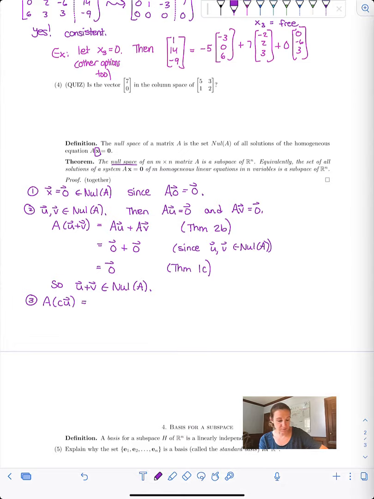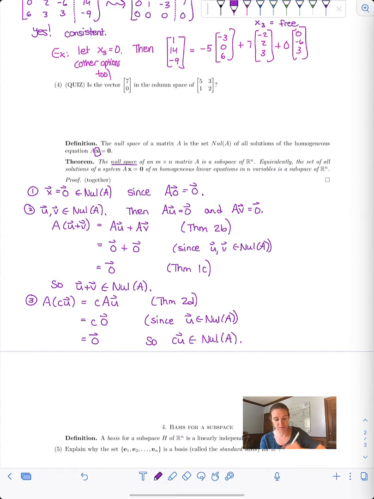We have a theorem that says we can pull that constant out. That's theorem 2d, and that equals c times 0, since Au equals 0 because u is in the null space of A, and that of course equals 0. So a constant times a vector in the null space gives us something in the null space.